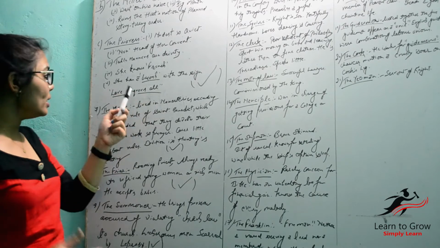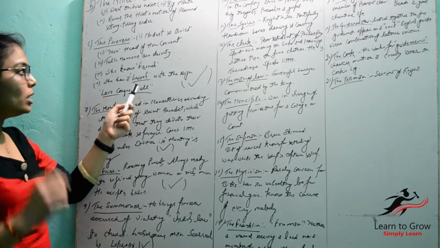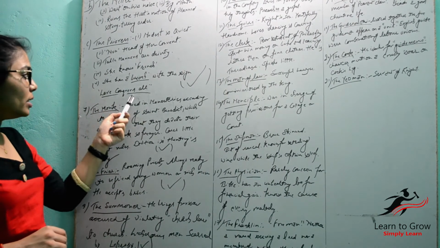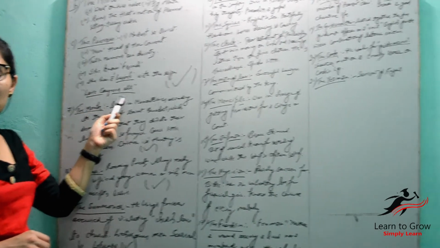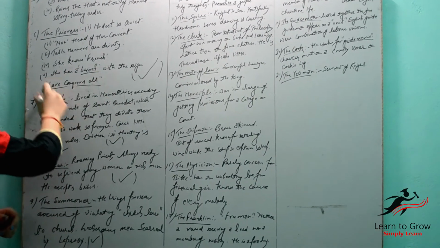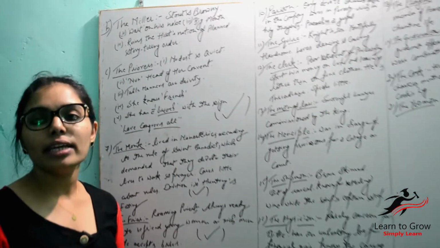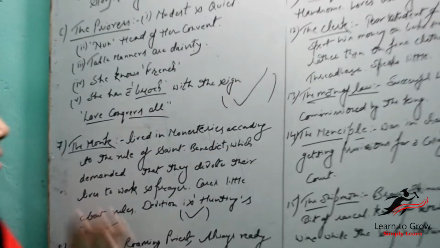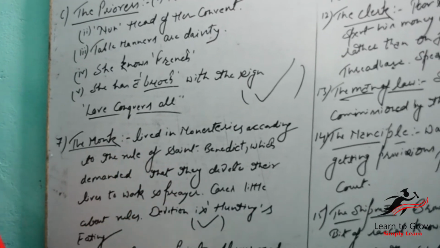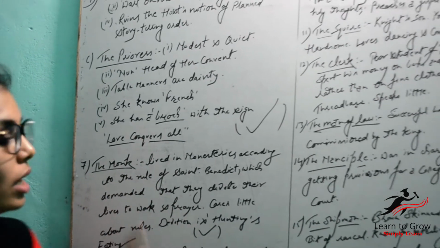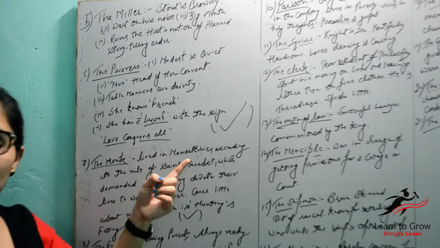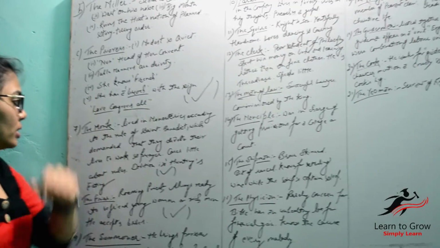She is very fluent in the French language, and she has a brooch on which the sign "Love conquers all" has been written. Please keep this in mind, because the examination can ask who was the character having a brooch, and what was the sign written on that brooch. So the words written there were, love conquers all.